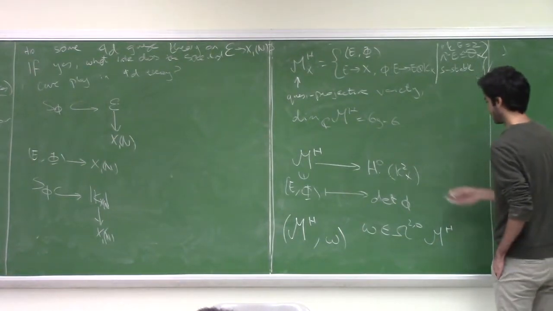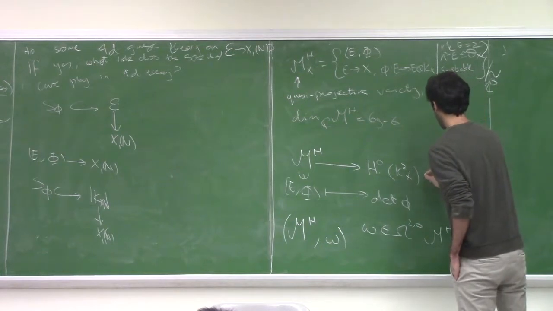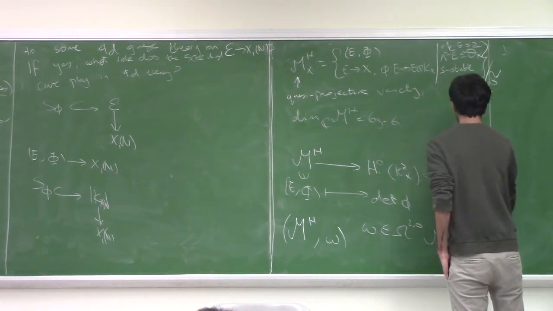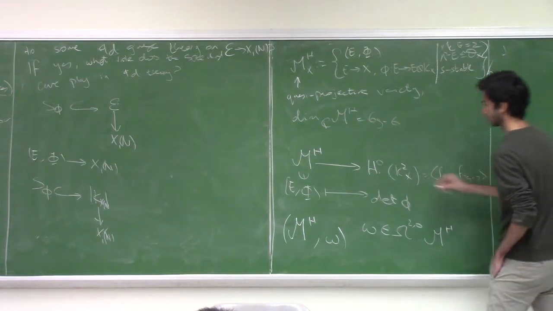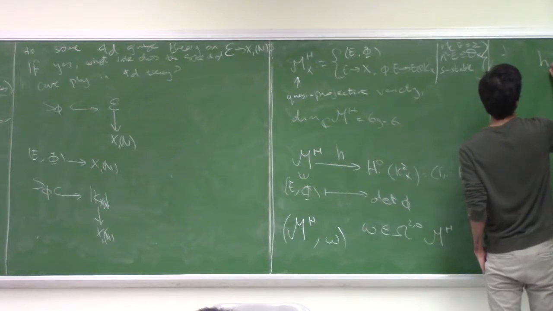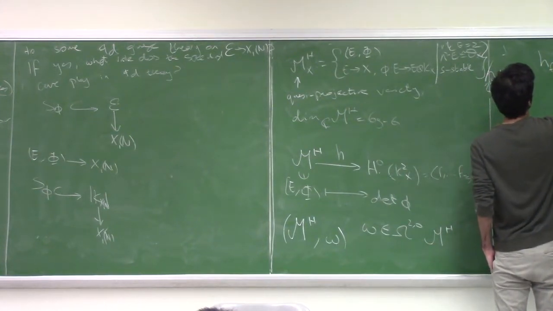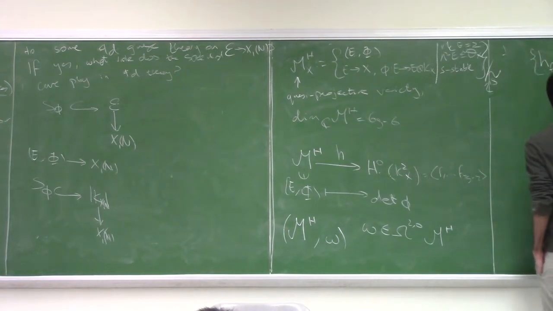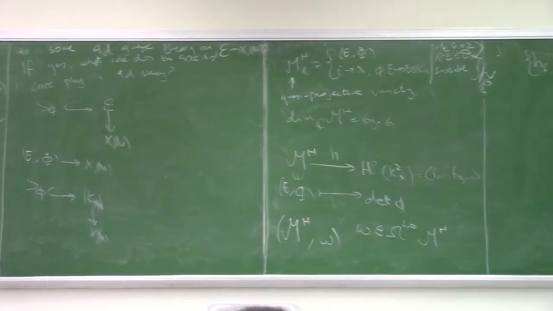If we choose a basis f1 to f_{3g-3} and call this map H, then the components of H, H_i and H_j, Poisson commute with respect to the bracket given by the symplectic form.